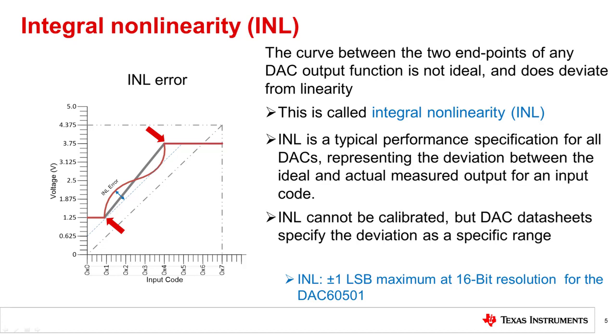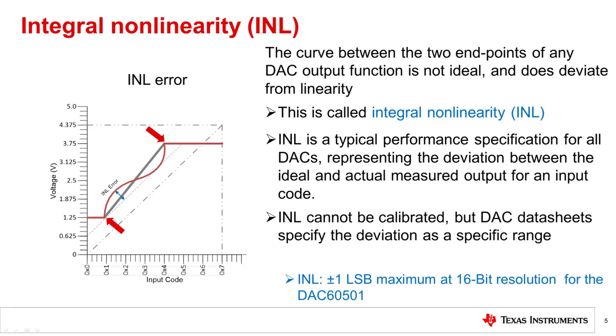While INL cannot be calibrated, each DAC datasheet highlights the deviation as a specified range. For example, the DAC 60501 has a specified INL of plus or minus 1 LSB, maximum at 16-bit resolution.